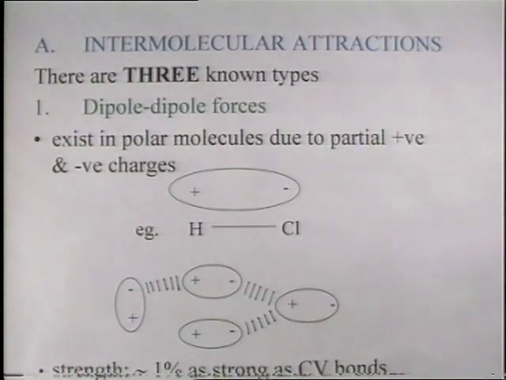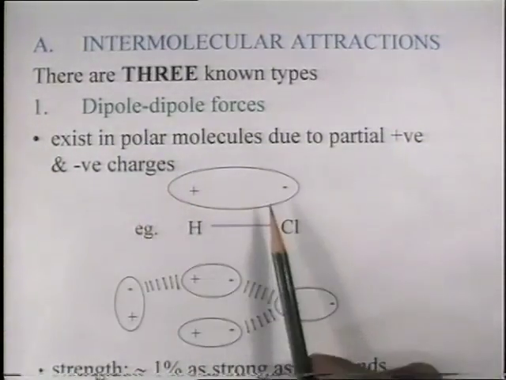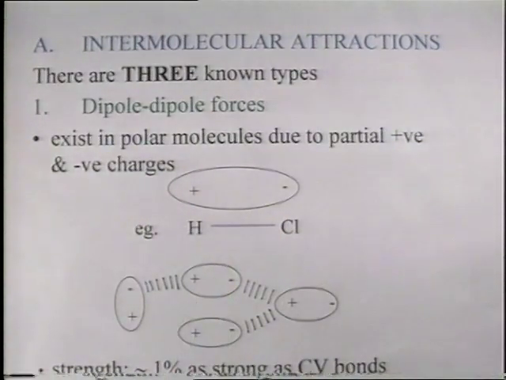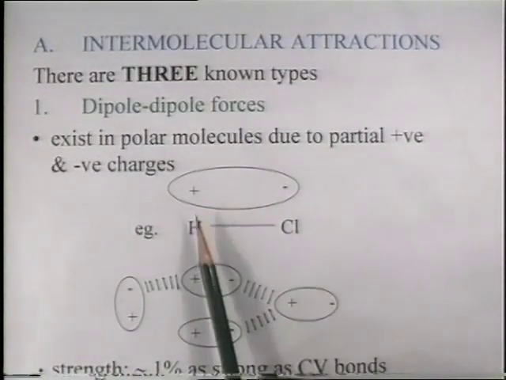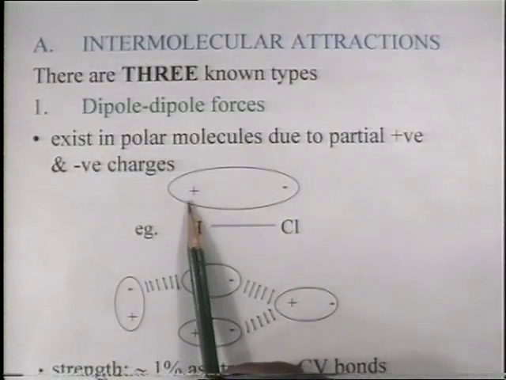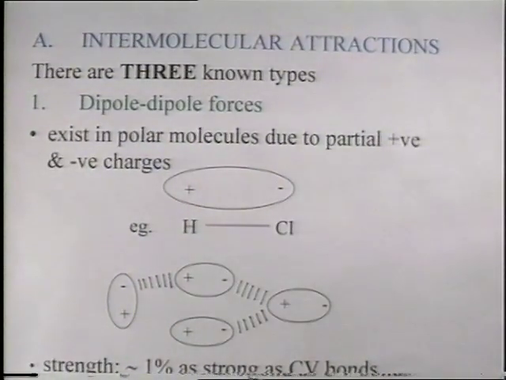And this is the one that exists in polar molecules, and that is really due to the partial positive and negative charges that you find on these polar molecules. Now, an example is given here, hydrogen chloride, and the molecule of this diatomic substance is given here, and this is the partial positive end, and that is the partial negative end.